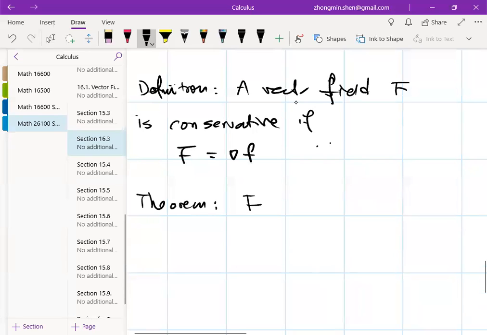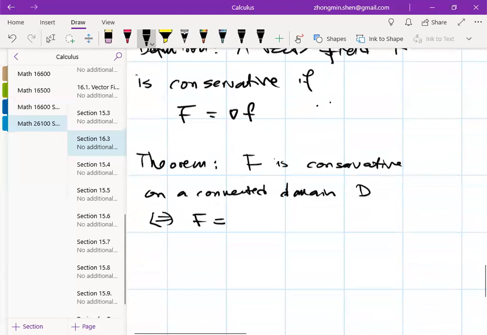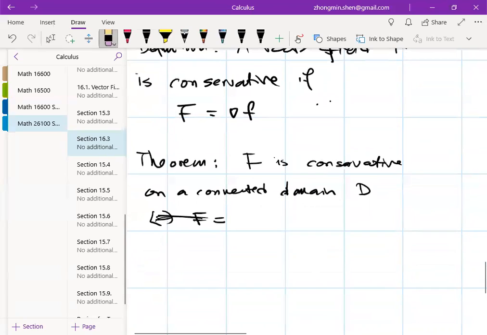F is conservative on some connected domain D if and only if, by definition, F is going to be the gradient of some function, right?